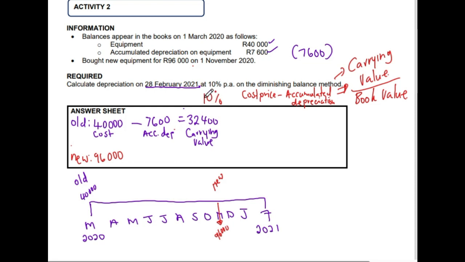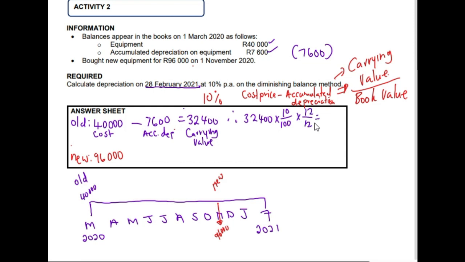Now we can apply our percentage. Therefore 32,400 as our carrying value multiplied by the percentage that has been provided. How long will the asset be available in the business? Throughout the year, since we are not selling it, so it's multiplied by 12 over 12.